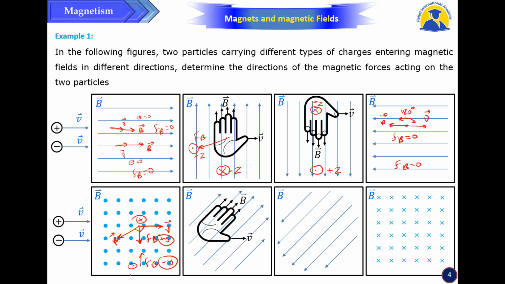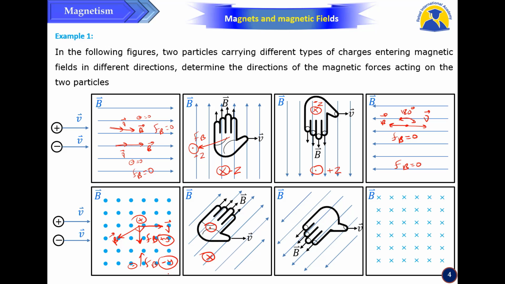In the sixth case, the direction of the magnetic field is with our four fingers, and the direction of velocity with the thumb. So the direction of force will be the positive z-axis, which means outside the page. For the negative charge, it will be inside the page.